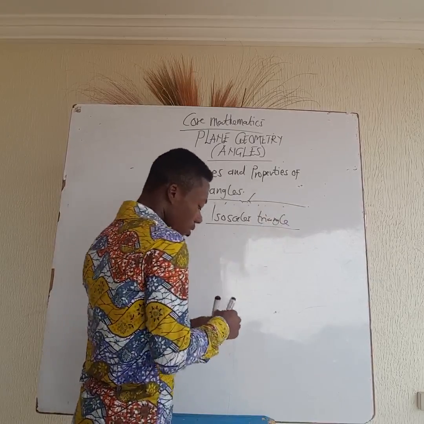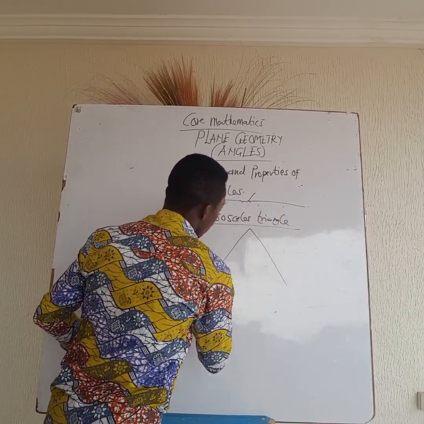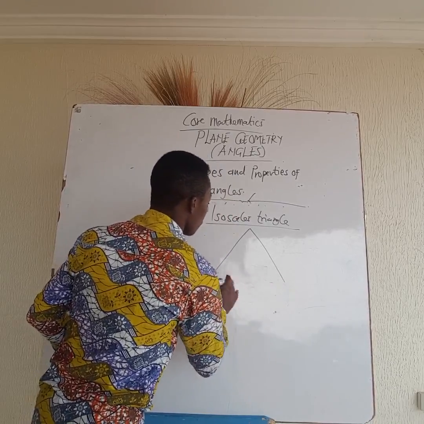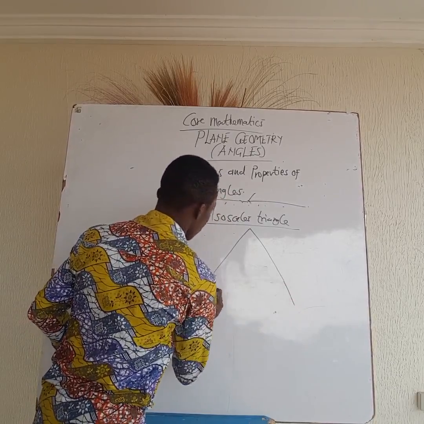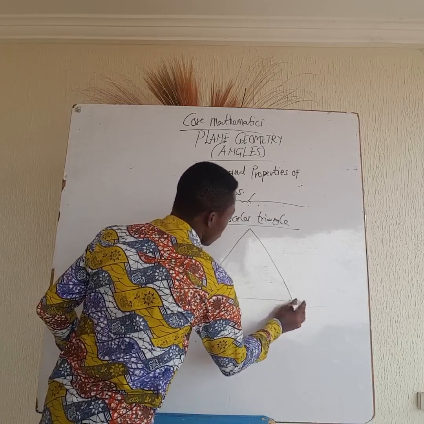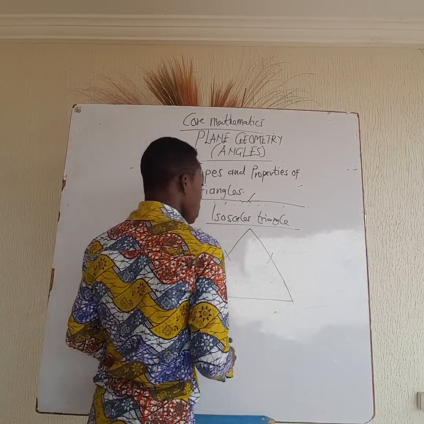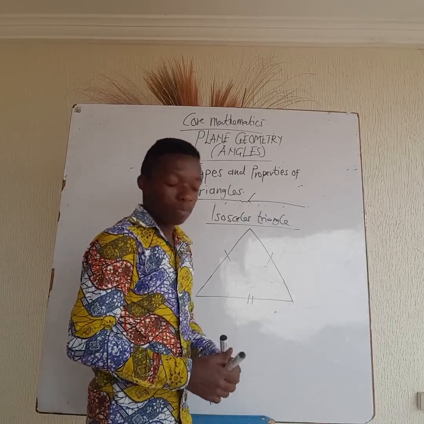We are saying that an isosceles triangle is another type of special triangle where 2 of its sides are equal and the other side is unequal to the 2.